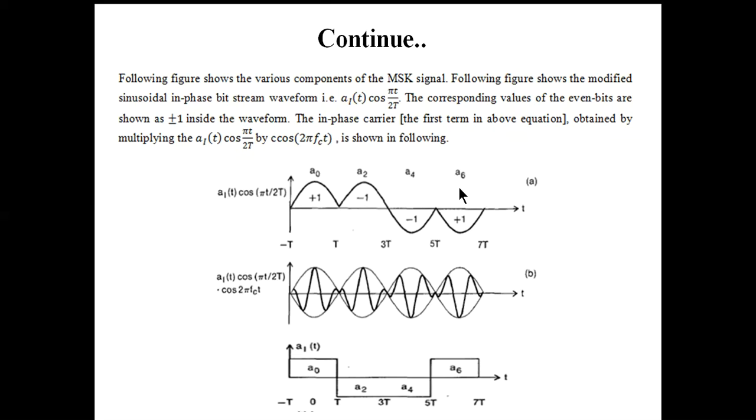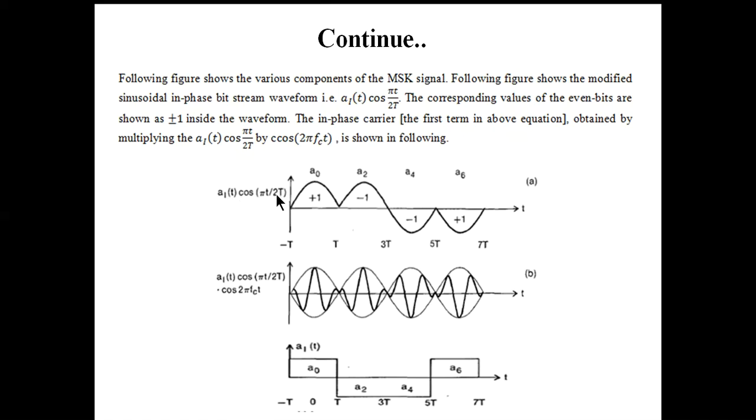During the A6 symbol, cos pi t by 2T is negative, but the symbol is positive. If you multiply positive with negative, it will become negative. So obviously the shape of the symbol is negative. You can see that instead of rectangular shape, it will become a sinusoidal shape, just by multiplying with the corresponding cos pi t by 2T.